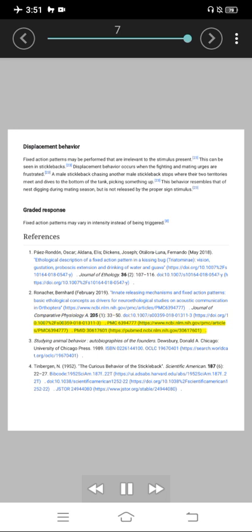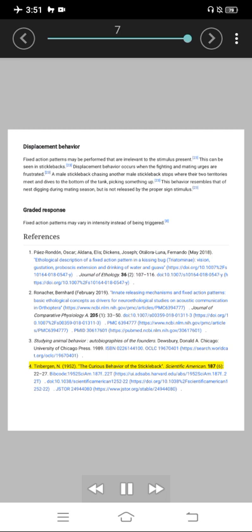PMC 6394777 SPMC 6394777. PMID 30617601. 3. Studying Animal Behavior, Autobiographies of the Founders. Dewsbury, Donald A. Chicago, University of Chicago Press. 1989, ISBN 0226144100. OCLC 19670401 t.org/OCLC/196704001 closing parenthesis. 4.